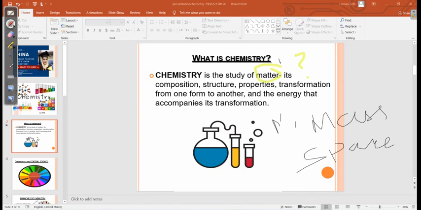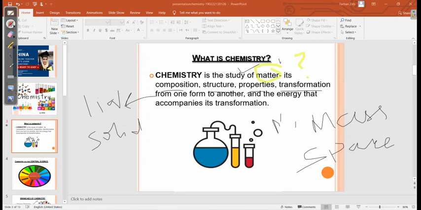In simple words, we can say that anything regarding matter, it may be its composition, its structure, its properties, its transformation. Transformation from one form to another, like from liquid to solid, or solid to liquid, or liquid to gas, or solid to gas.